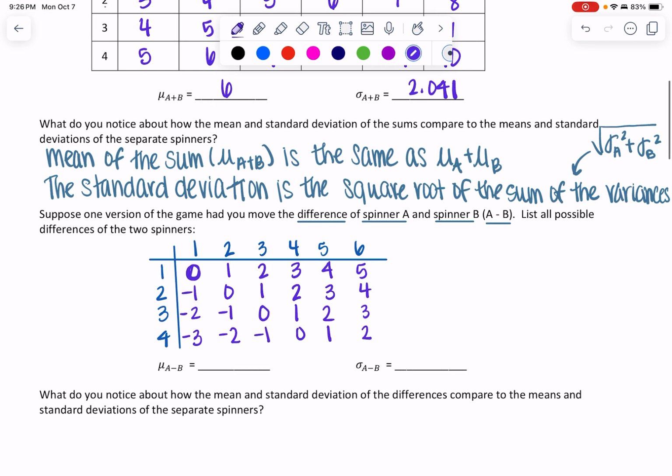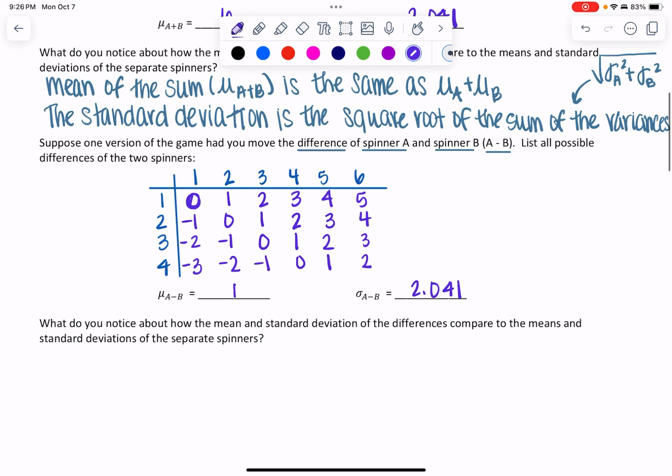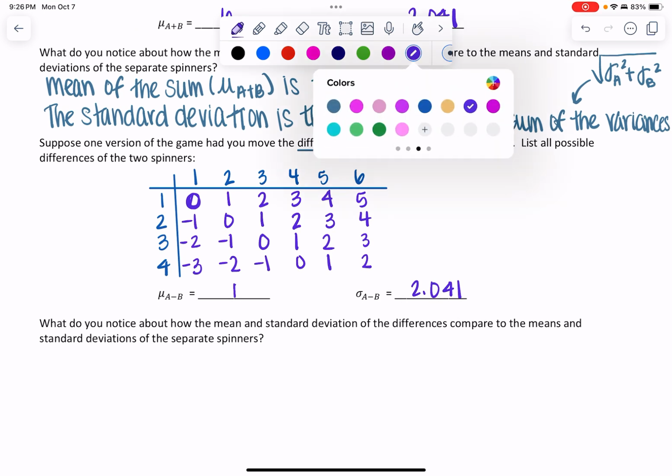And for my mean, I got 1. And for my standard deviation, I got 2.041. What do you notice about your mean and your standard deviation?